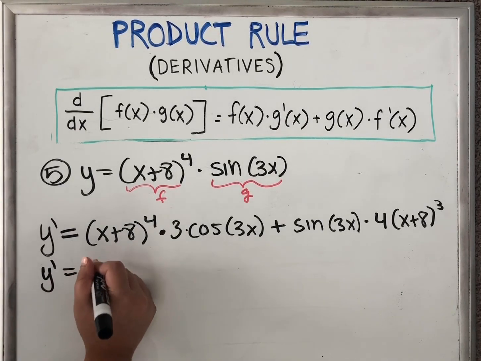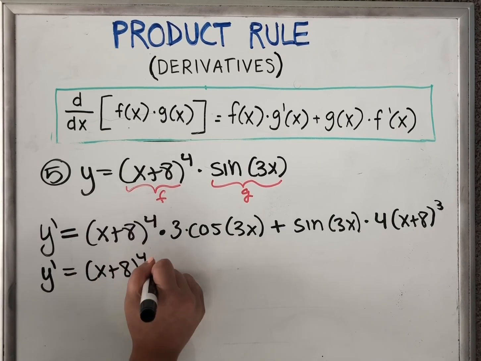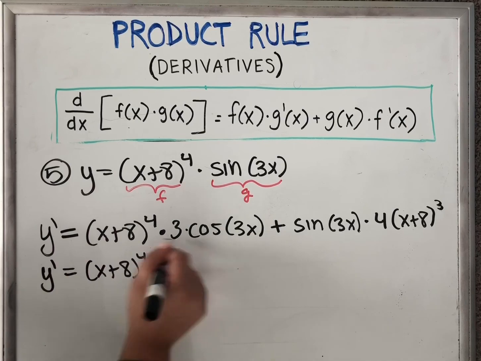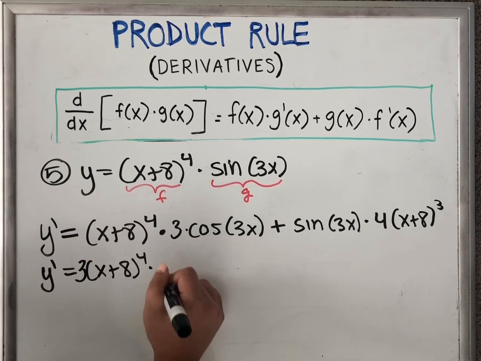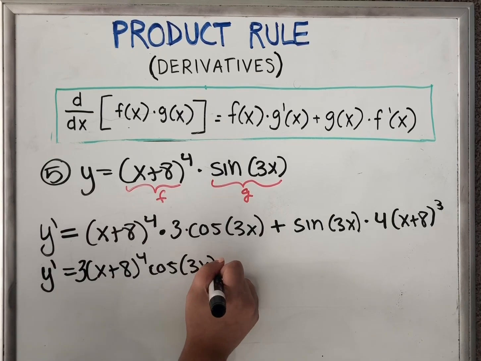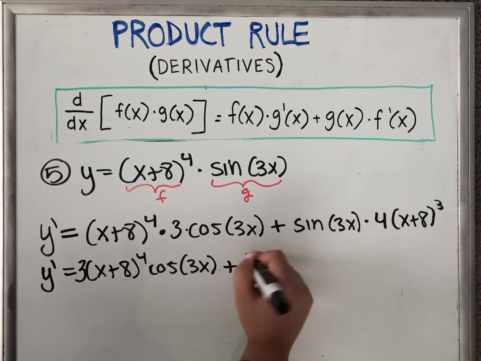So we get, let's see where to begin here. (x plus 8) to the 4th times, we'll bring this 3 out here. This 3 we'll just rewrite there. Cosine of 3x. Plus, we'll bring that constant out front.